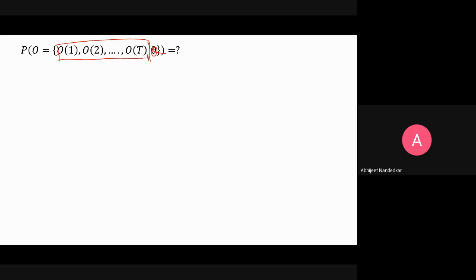So there are three problems we are now dealing with. First problem, that is the evaluation problem. So the model is ready-made. We have this theta with A, B and pi, and we are provided the set O with O1, O2 up to OT as the observations.